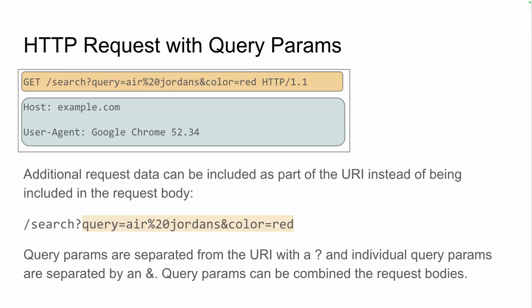So query parameters are separated from the URI with a question mark, and individual query parameters are separated by an ampersand, or excuse me, I believe that's called an ampersand. Query params can be combined with request bodies. All right, we're going to see a little bit of request bodies as we start working into our Django module.